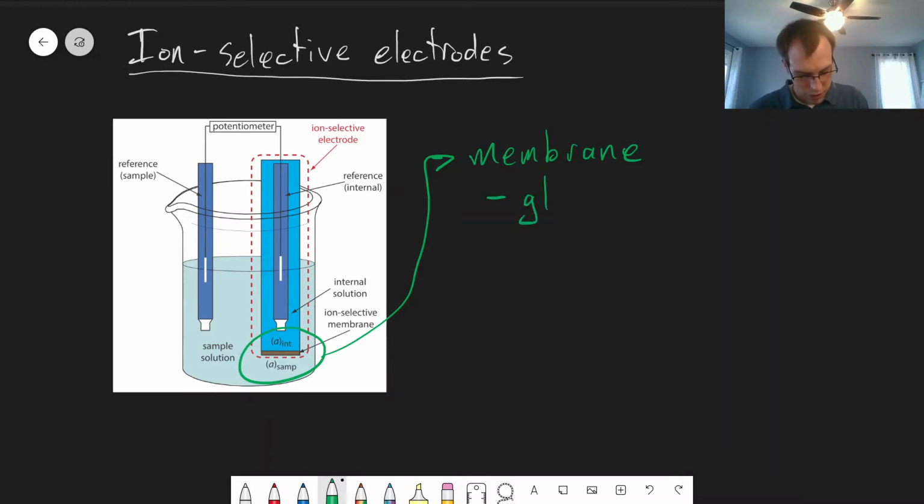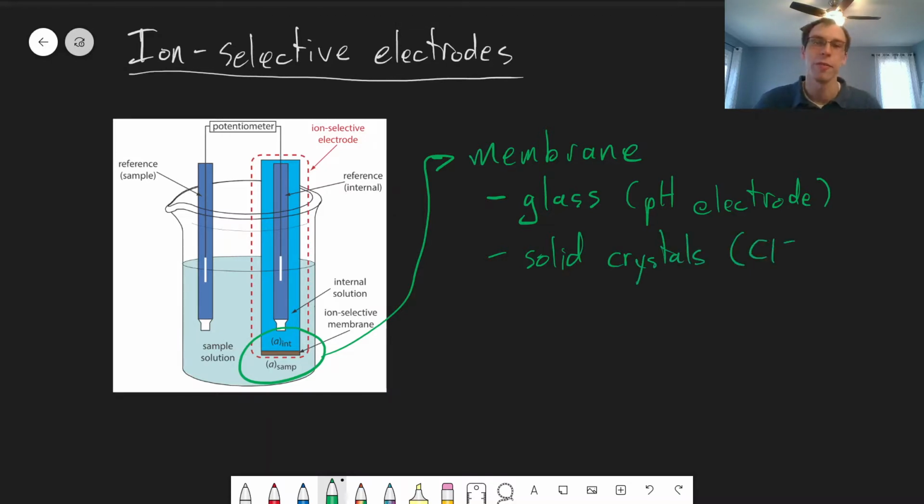So the first type of ion selective membrane that was discovered is actually glass. This is what's used for a pH electrode. There are also other types of solid crystals that are used as this ion selective membrane. For example, the chloride ion selective electrode we've used in lab uses this.